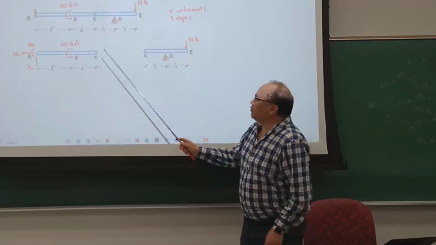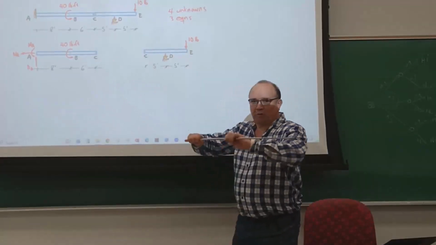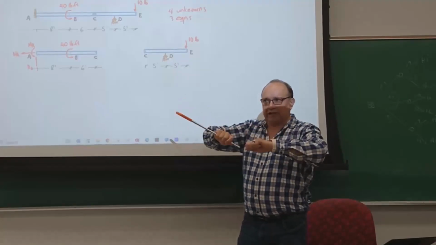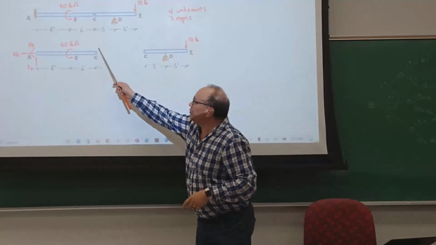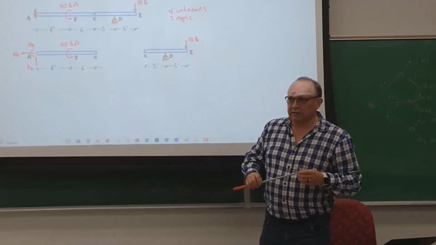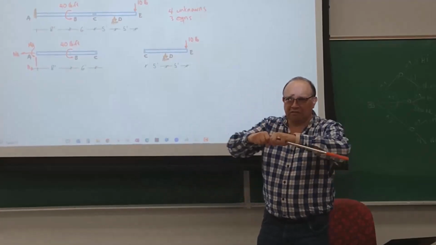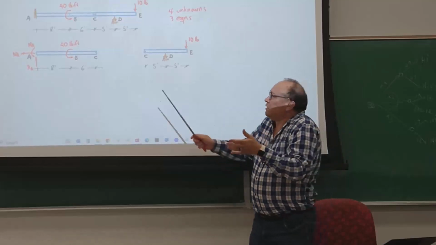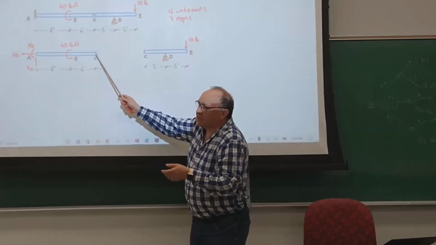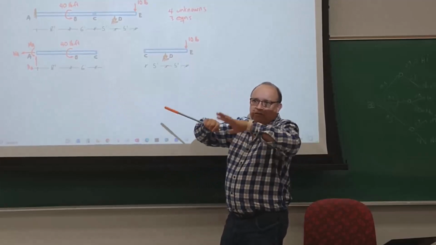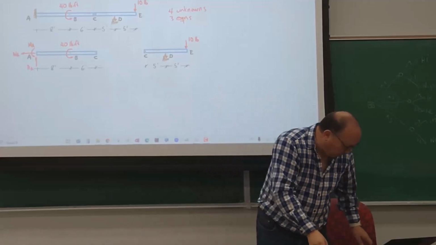But in this case, we don't put a moment because the pin doesn't oppose resistance to the rotation, so there is no internal moment here because of the pin. The connection here doesn't apply any internal moment. If you want to rotate it, it will rotate freely. There is no moment right there.